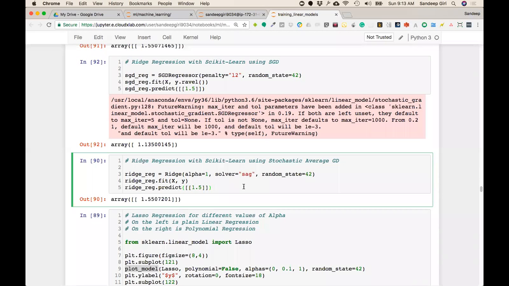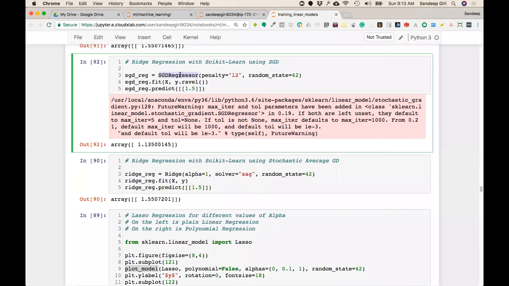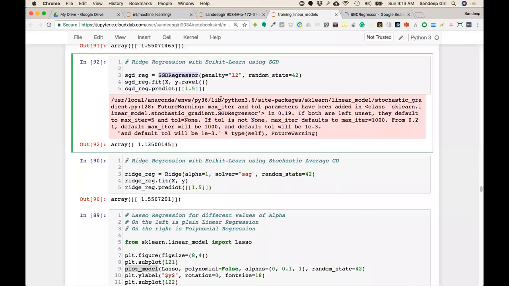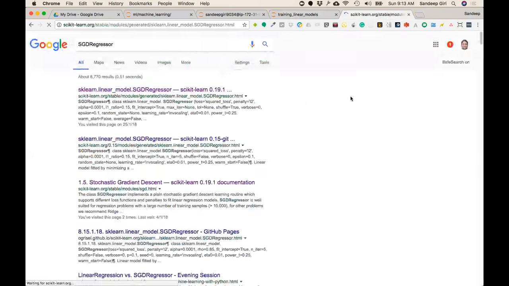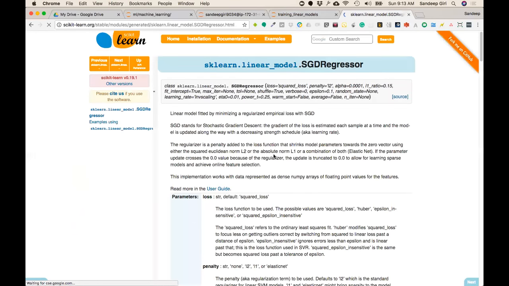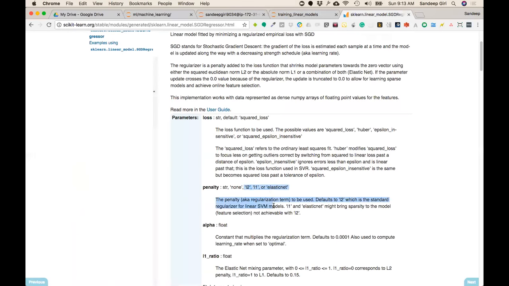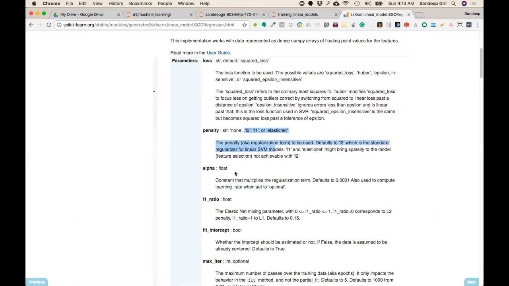That's what this is also saying, that a lot of parameters it is assuming. Let's just see if it provides us a way to. Okay, so penalty is L2, and you can see that alpha defaults to 0.001. Good question, Kamal.